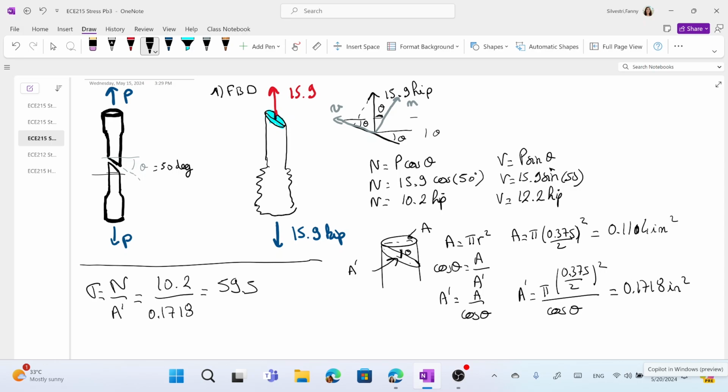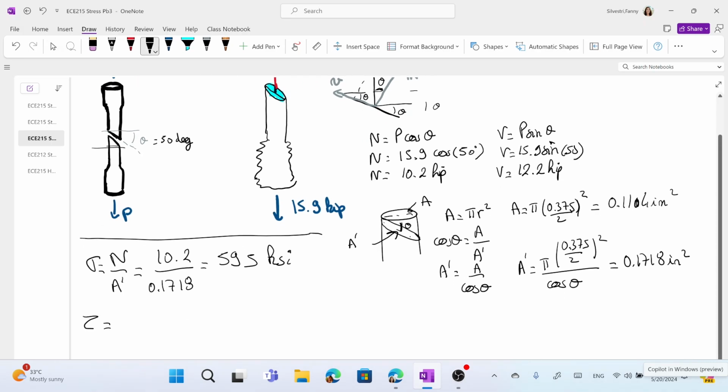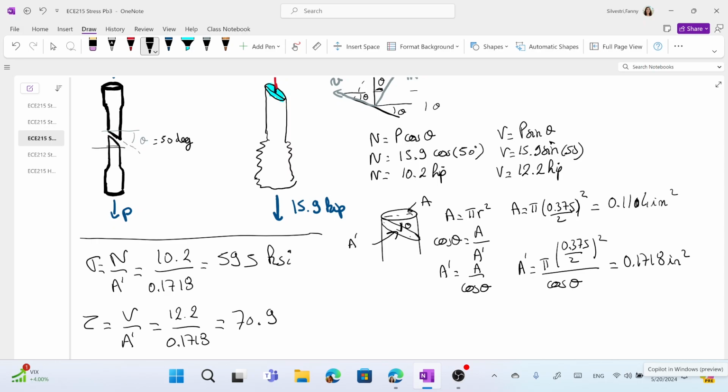And don't forget it was kilopounds, so that would be KSI, kilopounds per square inch. And tau equals V divided by A prime. That will be 12.2 divided by 0.1718. So it equals 70.9 kilopounds per square inch.